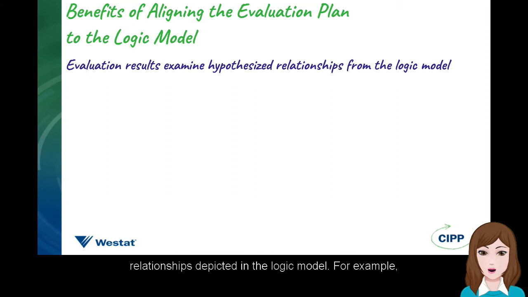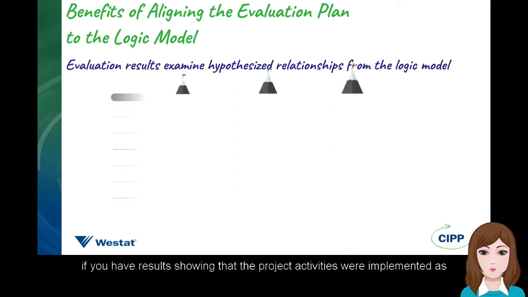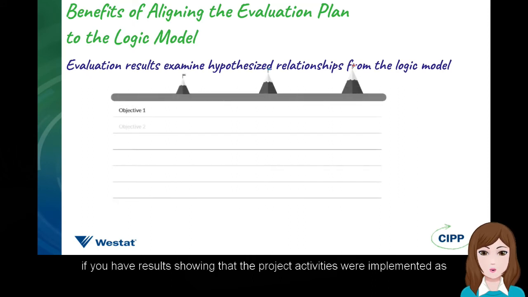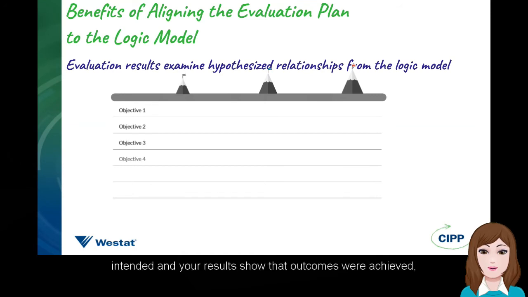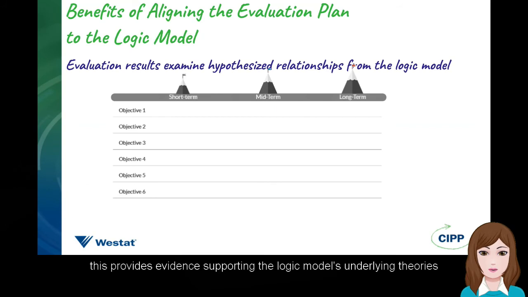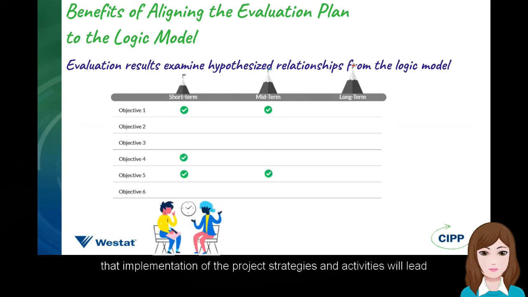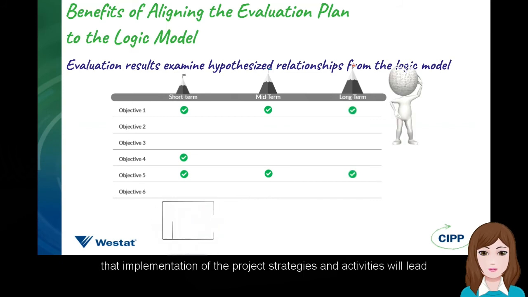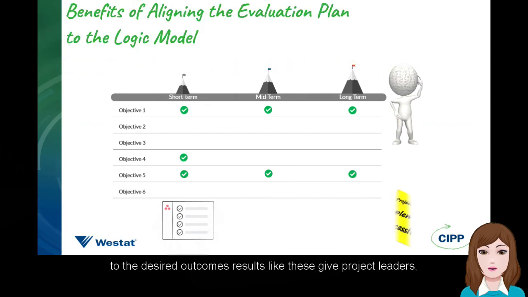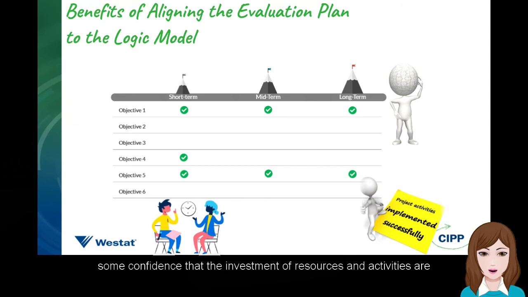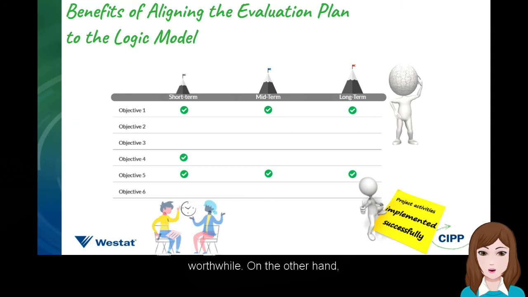For example, if you have results showing that the project activities were implemented as intended, and your results show that outcomes were achieved, this provides evidence supporting the logic model's underlying theories, that implementation of the project strategies and activities will lead to the desired outcomes. Results like these give project leaders some confidence that the investment of resources and activities are worthwhile.